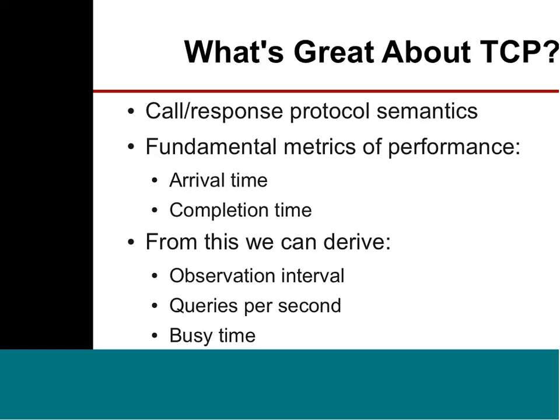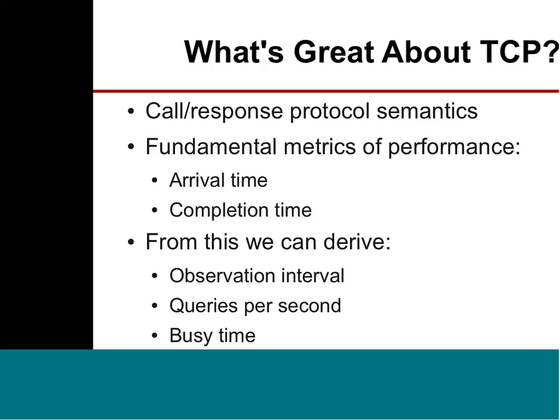From that, we can get a bunch of metrics about the system. The first that I'm listing here is the observation interval. The observation interval is defined by when I start looking at the system and capturing some traffic and when I stop. So if I capture traffic for 5 minutes, my observation interval is 5 minutes. And within that observation interval, I can easily derive the queries per second.